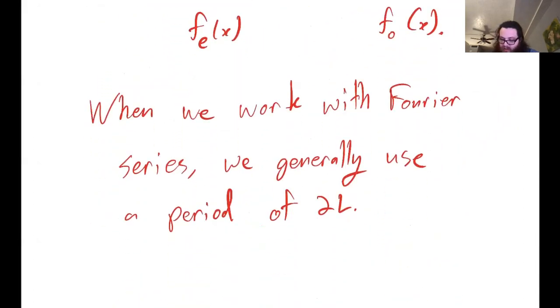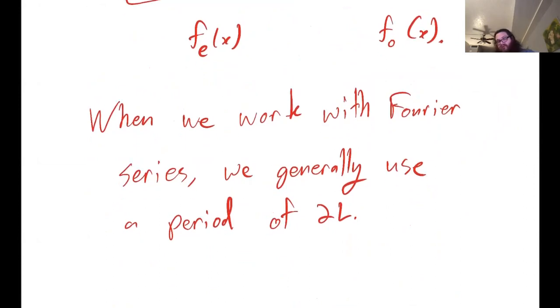One other point I want to highlight is that generally when we work with these Fourier series, we work with a period of 2L. So the coordinates will go from negative L to L, and the total length of the interval is 2L.